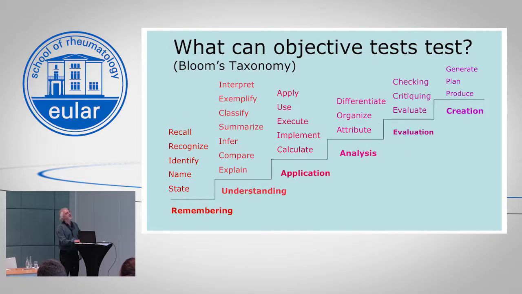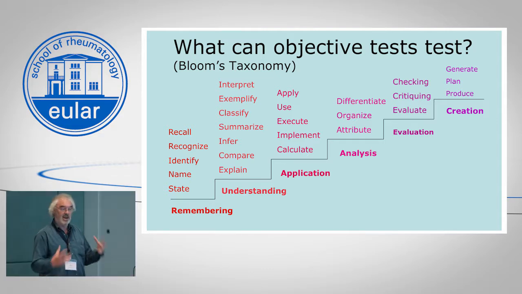Just a little bit of reiteration of what I told you before. We're in the realm of knowledge, so we're writing knowledge-based questions. We're not involved in practical questions or attitudinal questions. This is purely to do with writing objective questions about the knowledge that people have. And you will recall that there are different levels of knowledge that people can have.